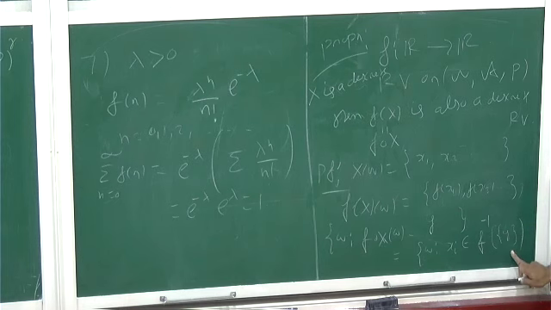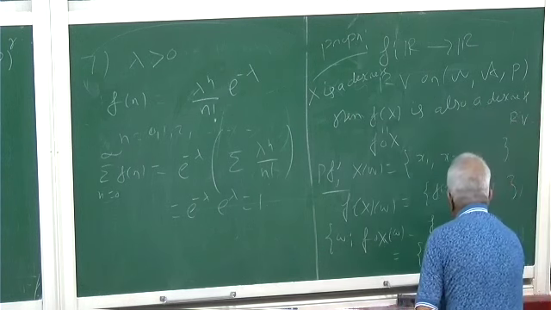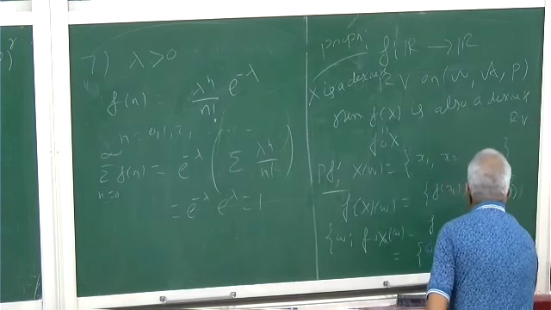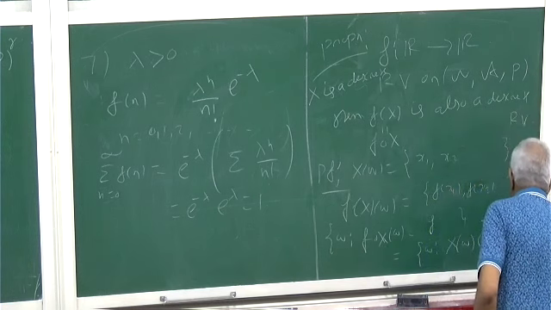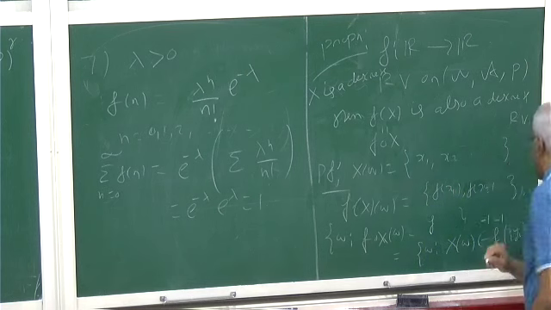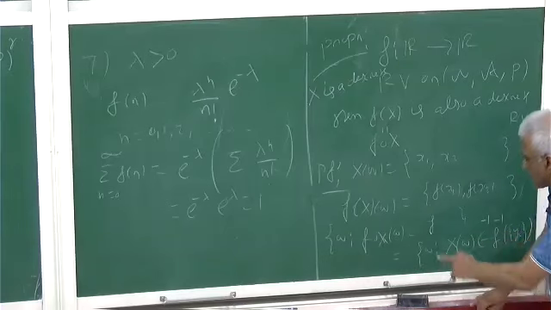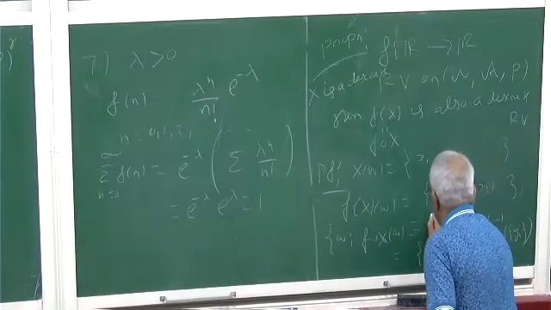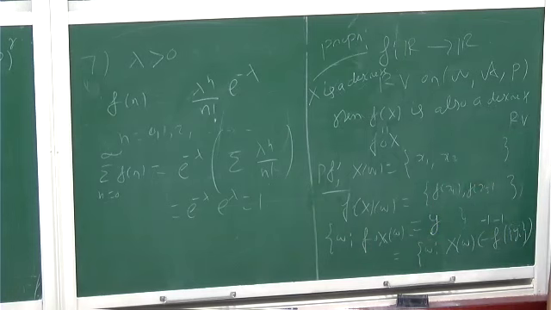So omega such that x of omega is in f inverse of singleton y. Earlier I wanted to write something, so this is the right one: f of x of omega equal to some y. You have to verify it's a discrete random variable.